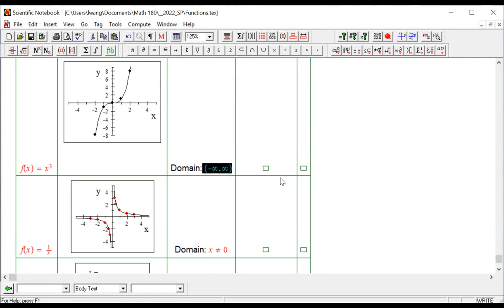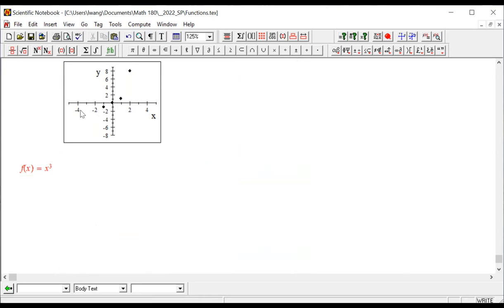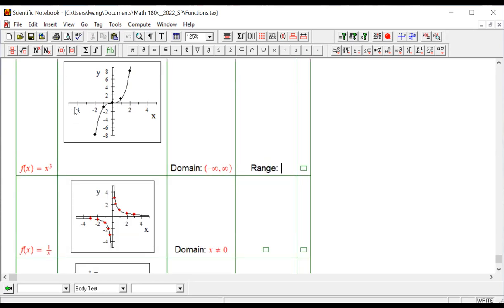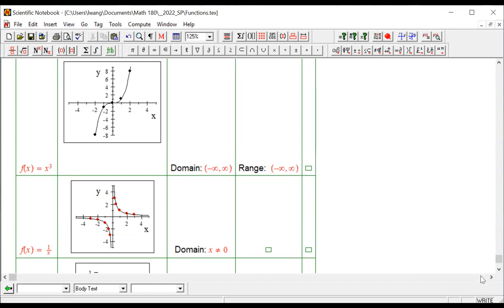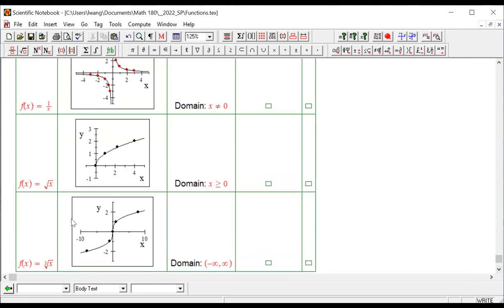Okay, and the range for this one is all real numbers. Okay. We're going to come back to the reciprocal function because that one has something very special, okay?